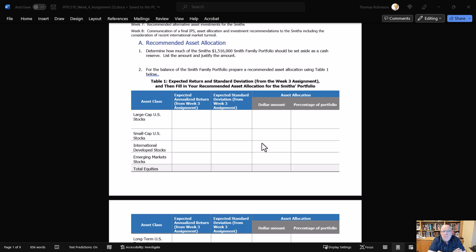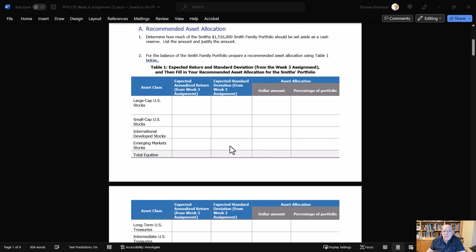You'll bring in your expected return for each asset class, your expected standard deviation for each asset class, and then you will allocate in both dollar and percentage terms the remainder of their $1.5 million portfolio that you did not set aside as a cash reserve.